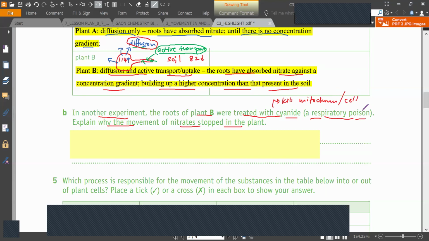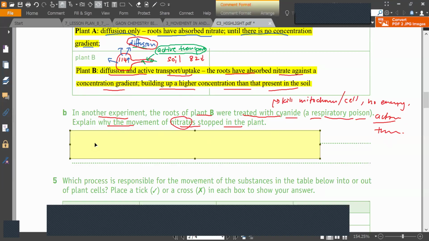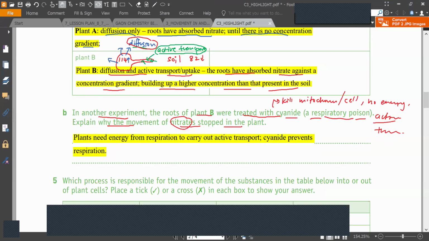So there is no energy, and active transport cannot happen. So the movement of the nitrate will stop. That's the key point.